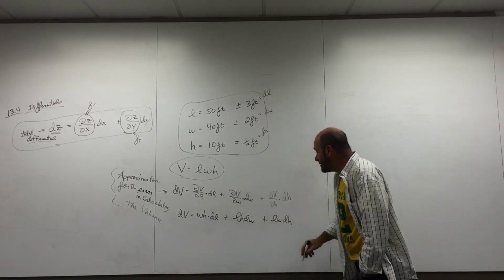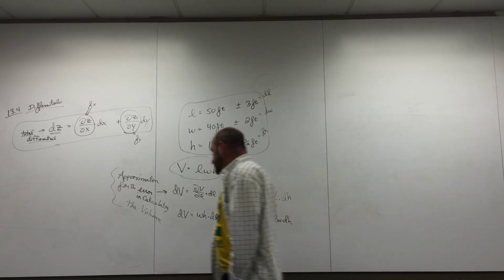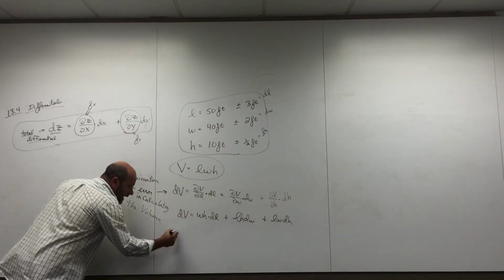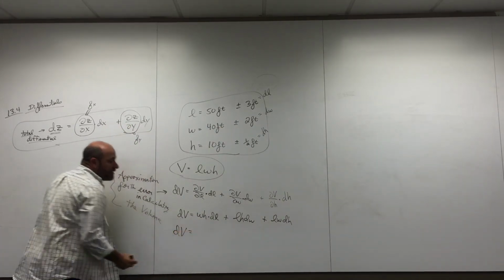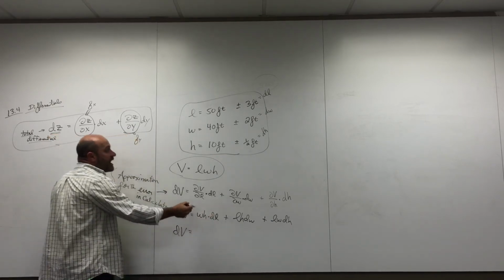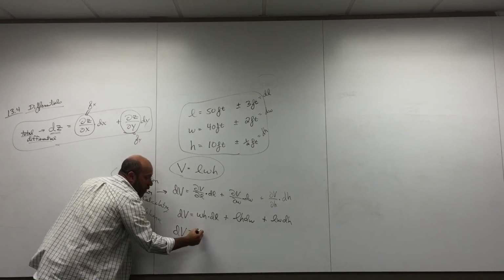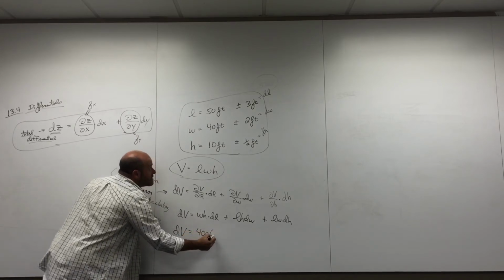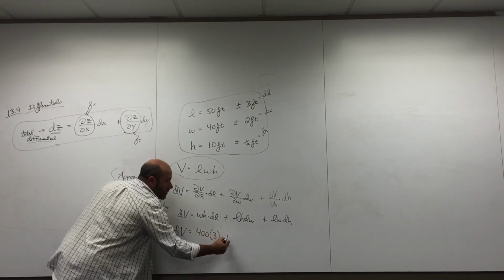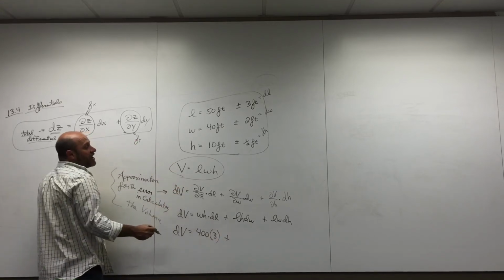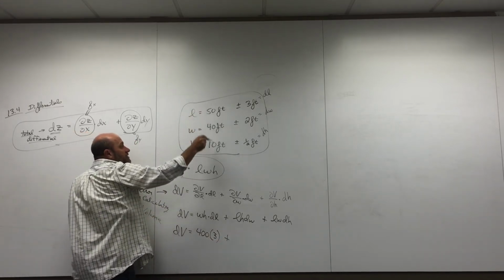Here I go. This is awesome. dV is W times H times dL. W and H, that's a 400, and dL was a 3. Plus LH. You guys okay?